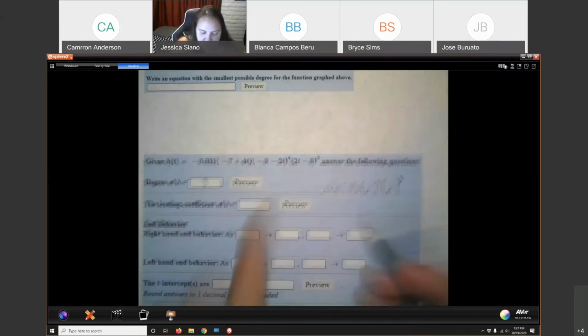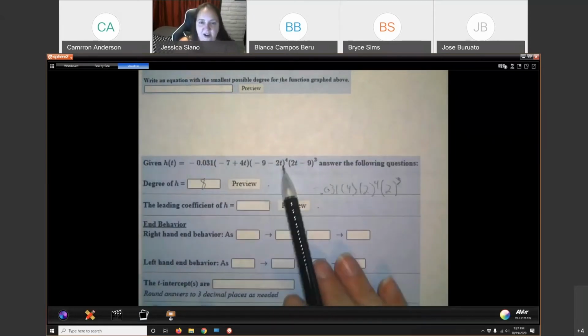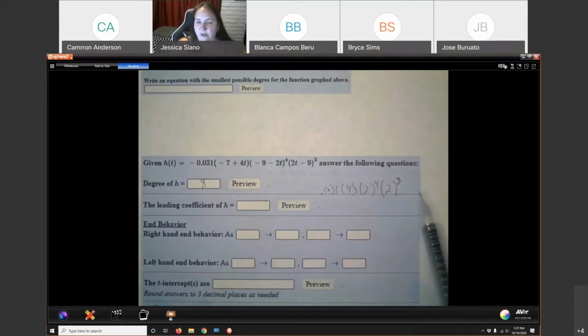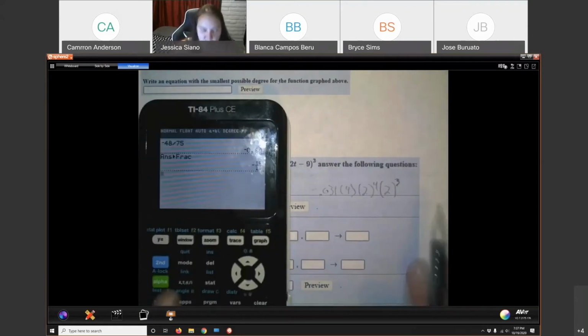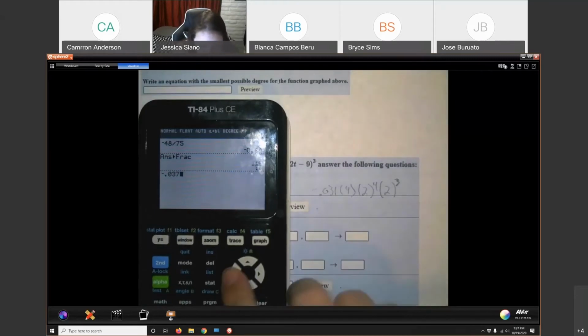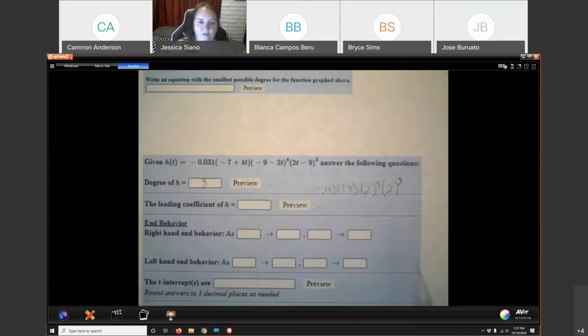So again, you just take the coefficients and their exponents, multiply them all out. That will give you your leading coefficient. Negative 0.031 times 4 times 2 to the 4th times 2 to the 3rd. So negative 15.872.